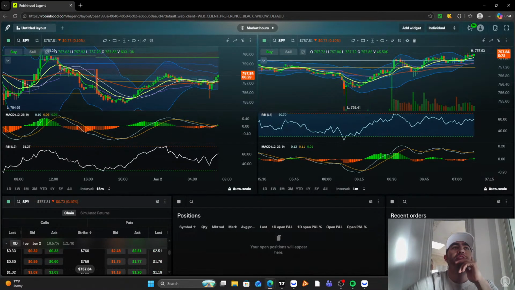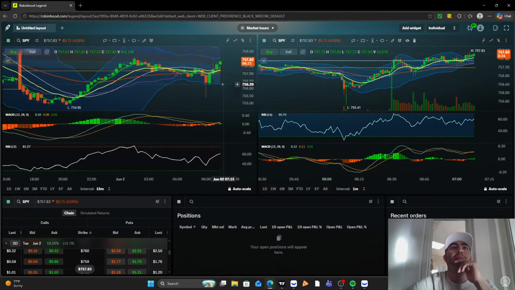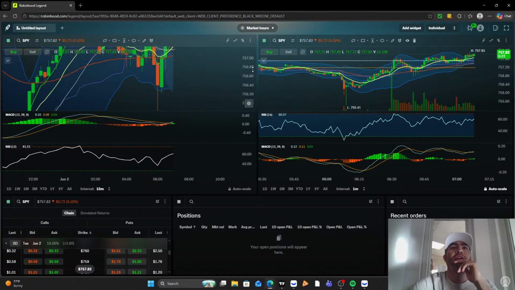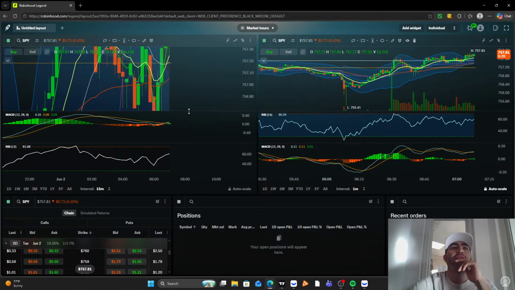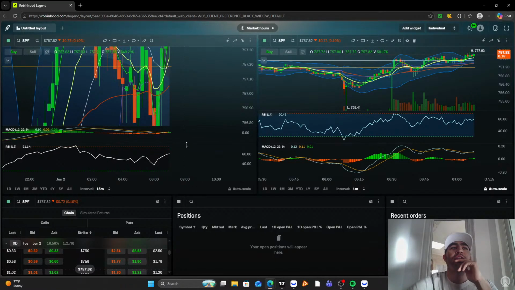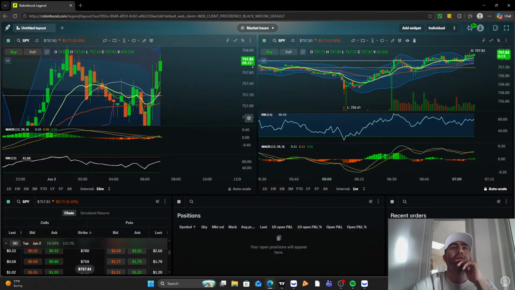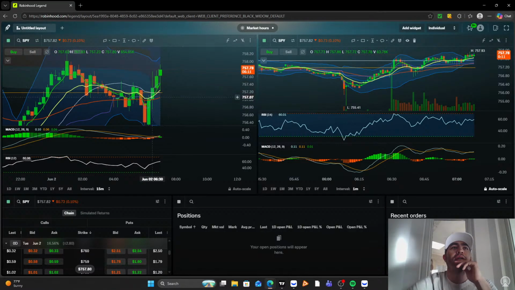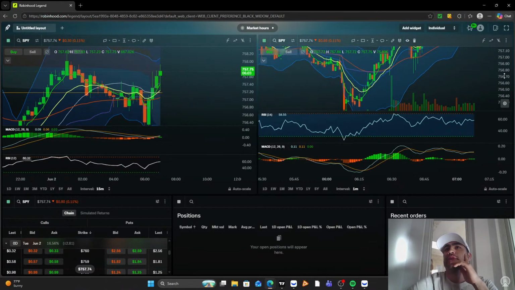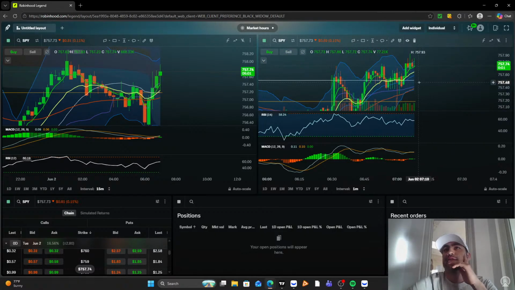So here's the SPY. Oh yeah, the 15-minute on SPY looks so good right now. We have that crossing. MACD's crossing. RSI's at 60. We look bullish. Yeah, look at that. Closing candle, rip up. Testing of the 13. Looking for a little relief.